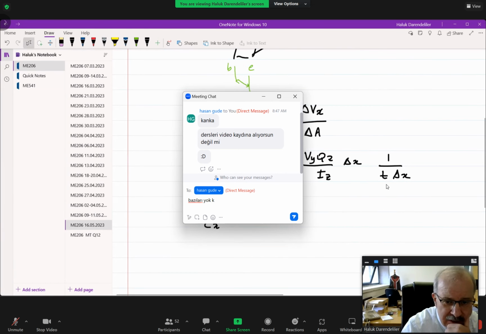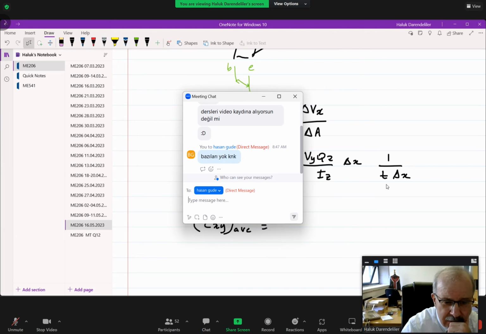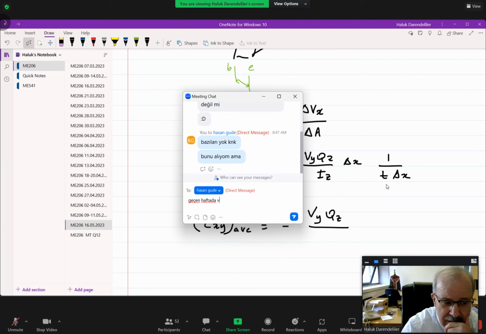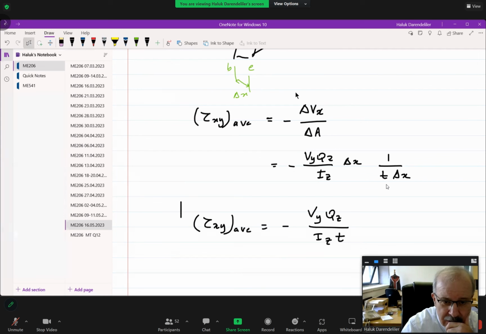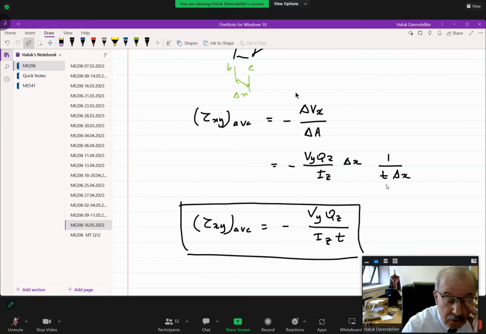The shear stress in the beams, which is somehow average, is equal to, for this cross section, minus Vy Qz over Iz times T. So this is the equation that you should know well for the beams. This is the shear equation for the beams.